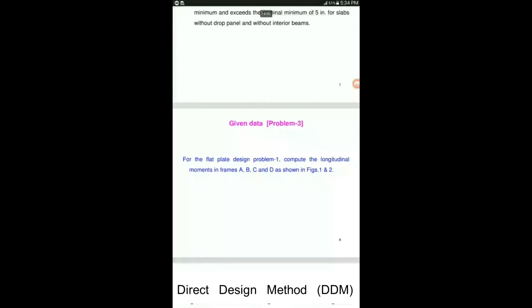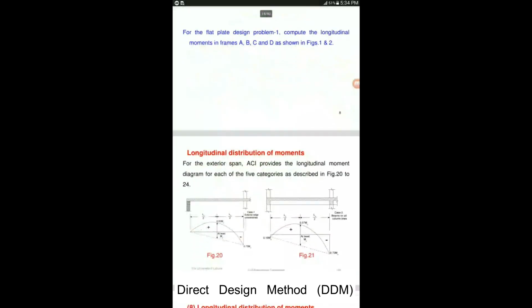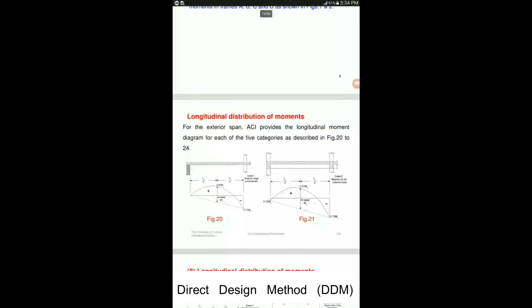The next part of this numerical is to compute the longitudinal moment for each of the 4 frames A, B, C, and D, which are running in the long and short directions. We have already discussed that we have a total of 5 locations at which we have to distribute this total factored static moment.